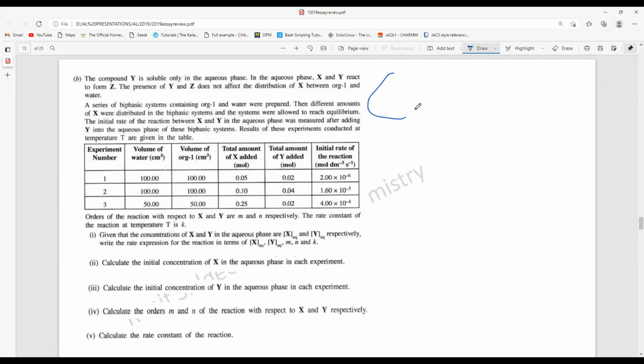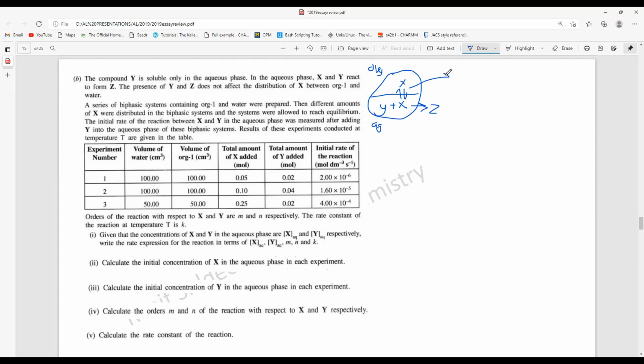So basically, this is our organic, this is our aqueous, and here there is X that is distributed like this. If I imagine, when you add Y to this solution, the reaction happens and Z is formed. And they say the presence of Z and Y does not affect this distribution.